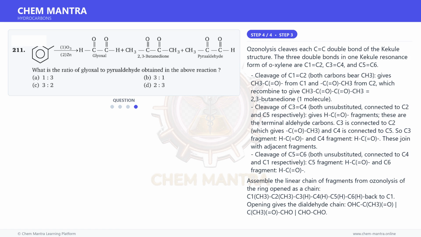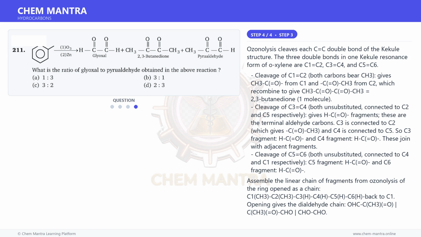Reapproach systematically. The ring opens into 3 two-carbon units. The pairs are C1, C2, both have CH3, 2,3-butanedione; C3, C4, both have H, glyoxal; C5, C6.